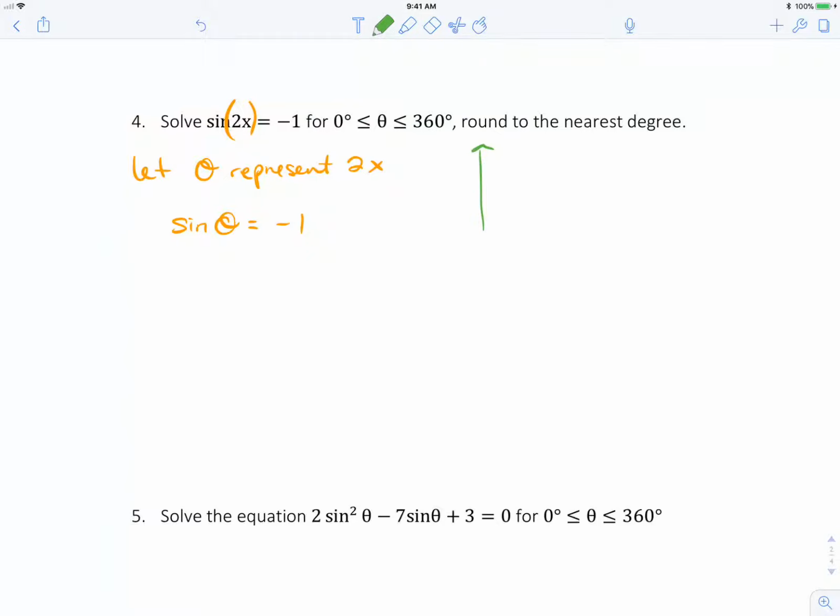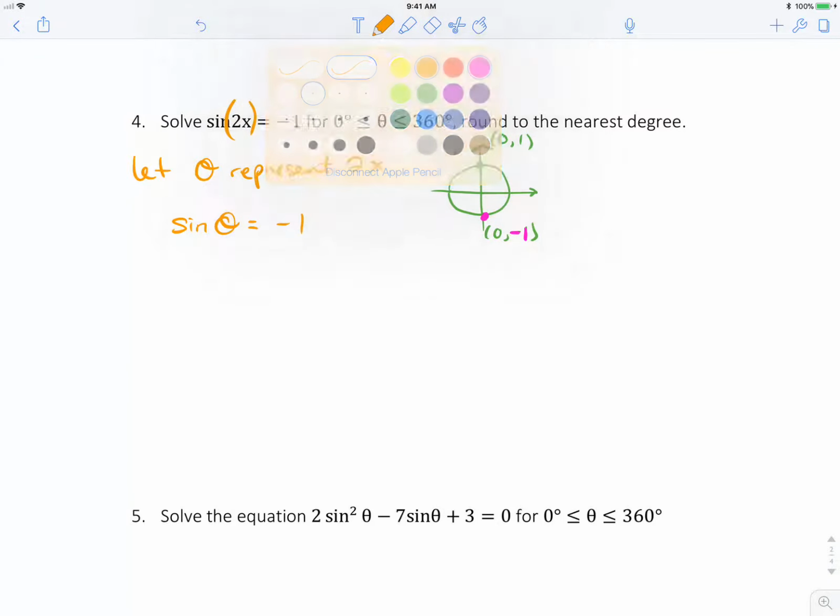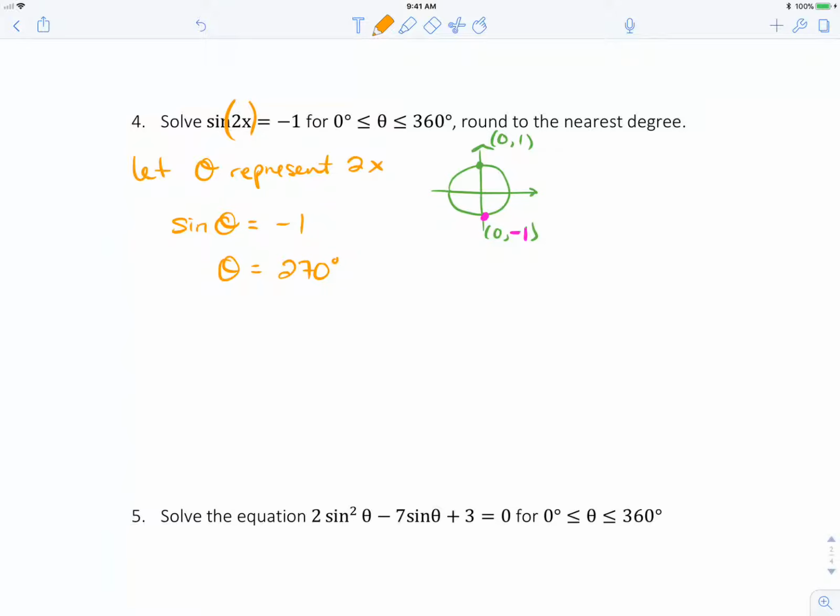If I were to look at my unit circle, think of my points 0, 1, 0, -1. I want this point when sine is -1, which means that my theta would be 270. If it was 90, it would be +1. So I get 270, that's great.